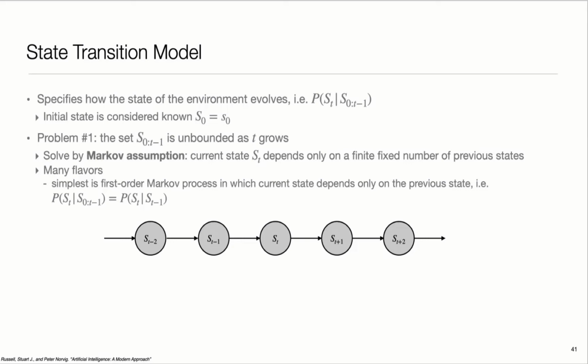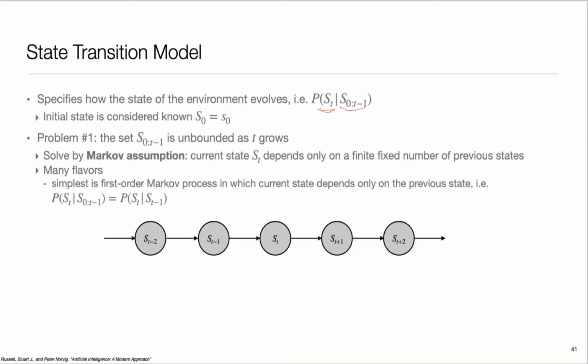So if you're thinking of these as random variables, the idea is that we want to say what the state at time t is going to be, given all the preceding states since the world started. Now, of course, we know that time is causal, so it's reasonable to say that S of t is independent of future states.